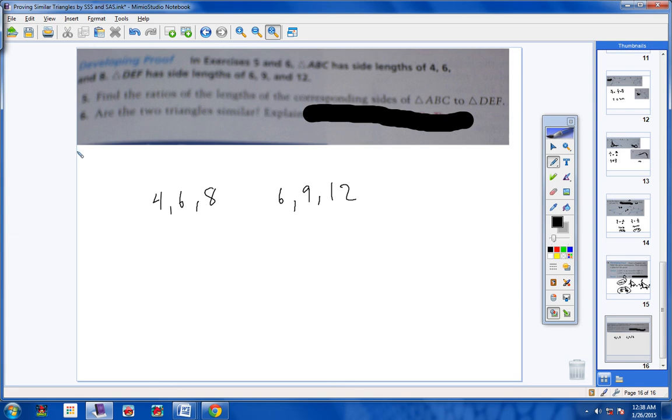So first of all, they want us to find the ratios, okay? Well, smallest side here with the smallest side over there, the middle size with the middle size, then the longest side with the longest side, okay? So we did that. If you reduce all these, you get 2/3 equals 2/3 equals 2/3.